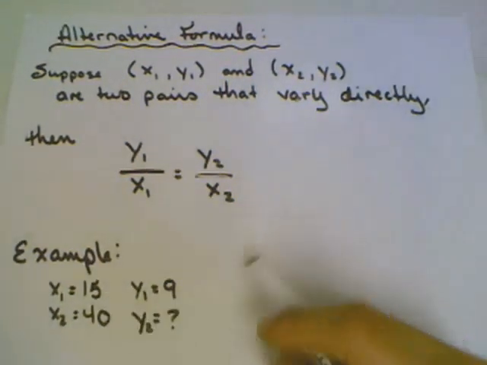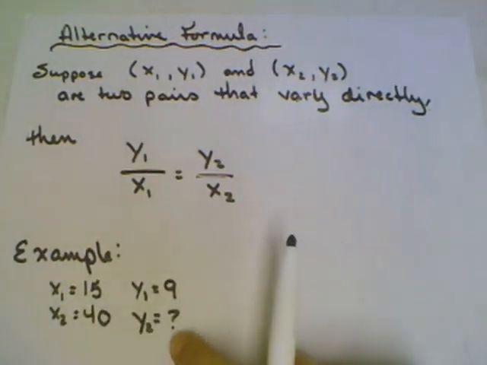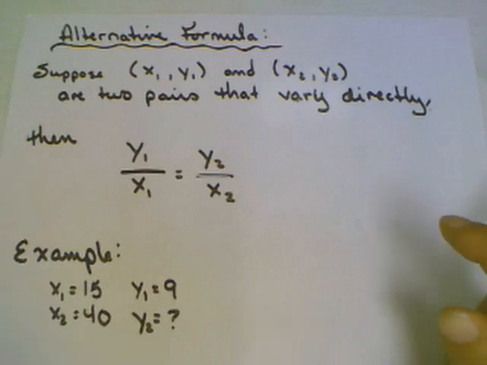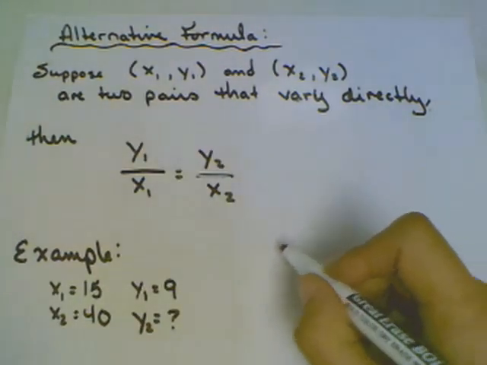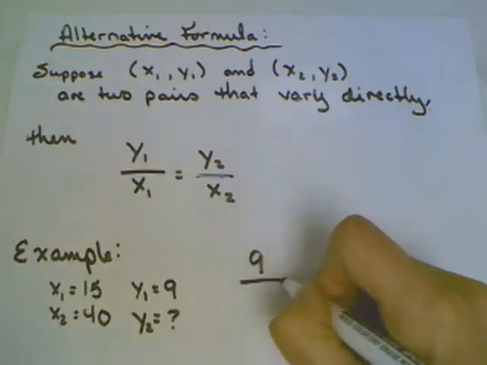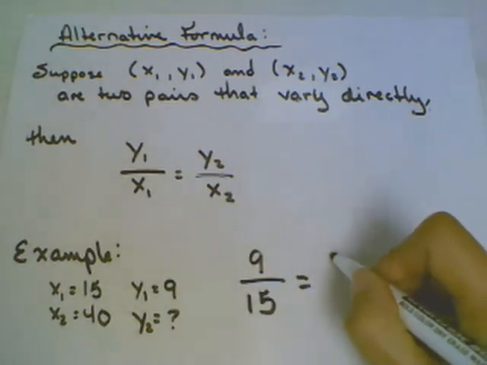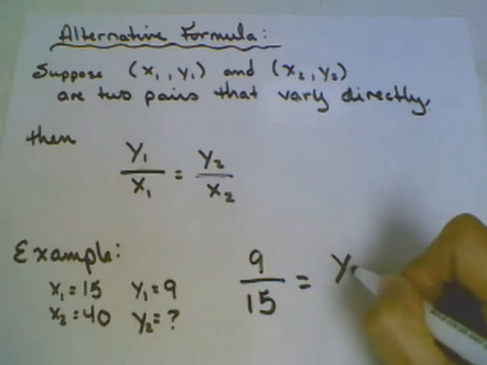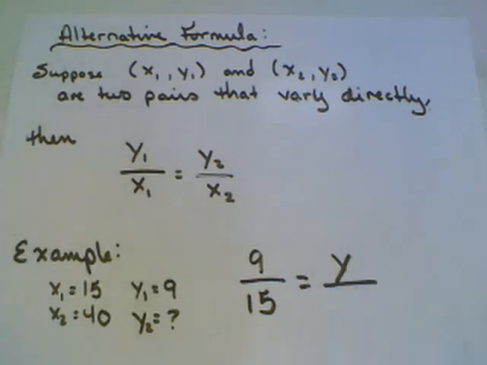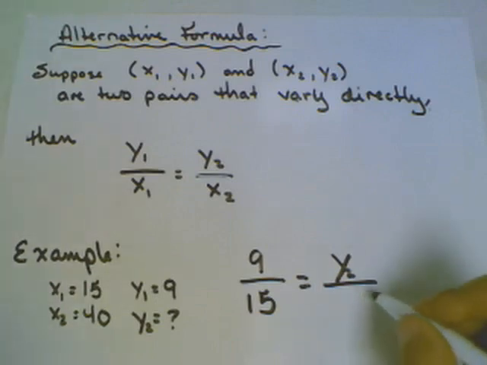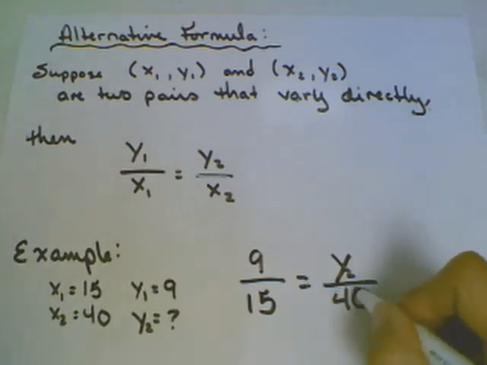So if I look at this example, if this is what's given to us and we need to find y2, I'm going to plug it into the formula above. So y1 is 9 over x1, which is 15. y2 I don't know, so I'm just going to leave it as y2. And x2 is 40.